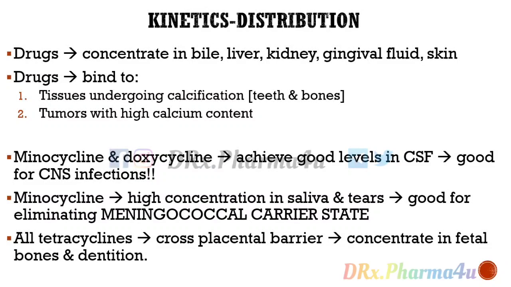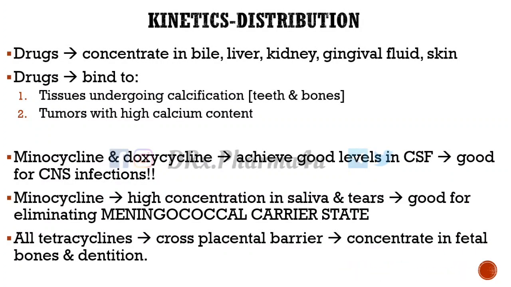Let's talk about the distribution. So these drugs usually concentrate in bile, liver, kidney, gingival fluid, and skin. So these are the areas where these drugs tend to concentrate. So you can understand very well that since they concentrate in all these areas, there are risks of side effects in these areas.